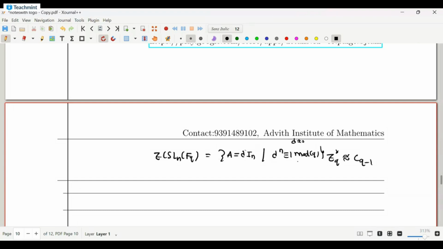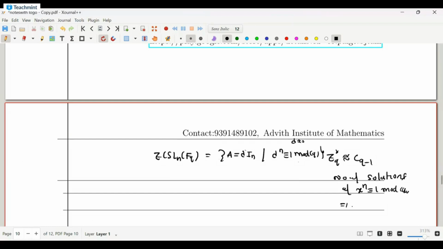So what about such elements? Lambda power n is congruent to 1 modulo q means the number of solutions of x power n congruent to 1 modulo q.